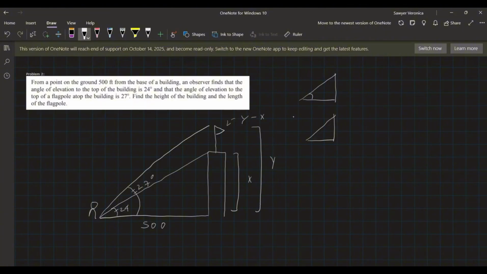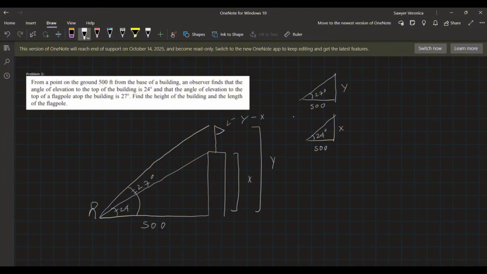This would be 27 degrees, 24 degrees, and both would have a base of 500, and their heights would differ, x and y. We can start with the larger triangle.